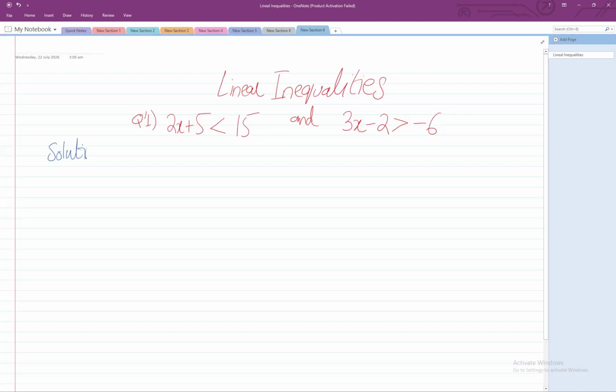Start the solution, and I hope this view is looking much better than the previous one.